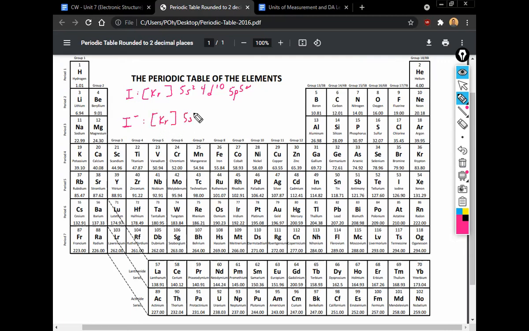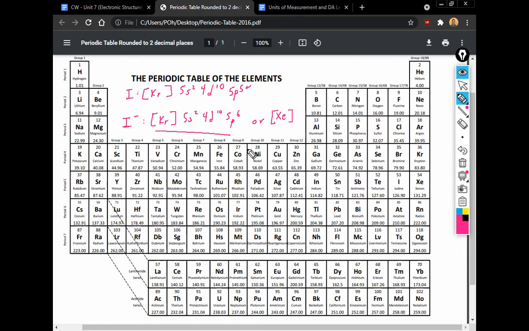We can write this as this, or we can write it as what noble gas does it become like? Xenon. So I minus can be Kr, 5s2, 4d10, and 5p6, or it can basically just be xenon.